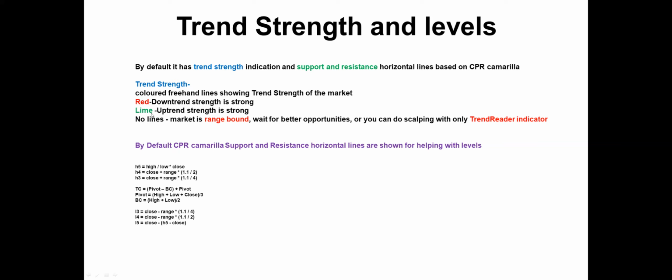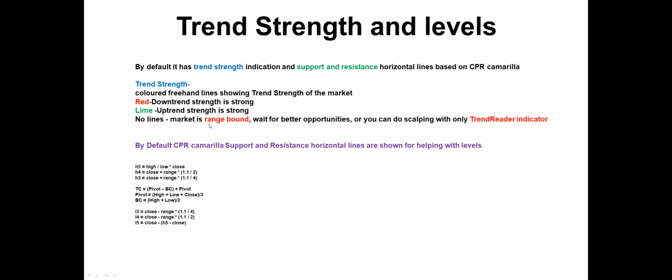If it's a green or lime line, the uptrend strength is stronger. There are areas where there are no lines. It's an indication of a range bound market. A trader might not take any trade in a range bound market, especially option buyers. Option sellers can do a strangle or a straddle to get the theta decay.